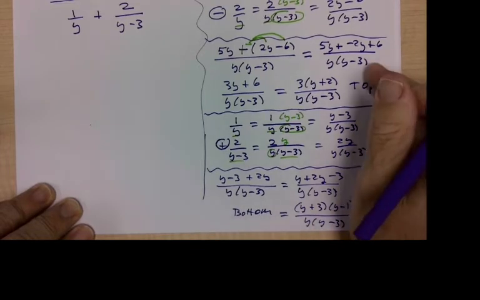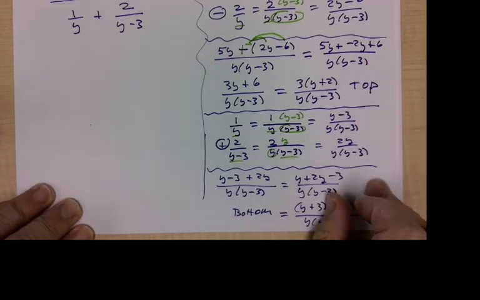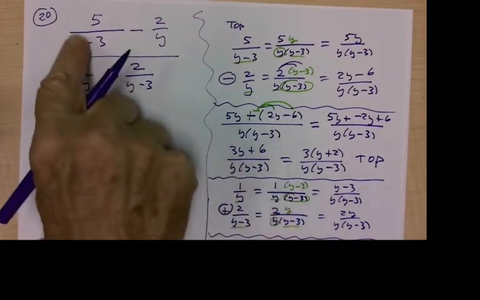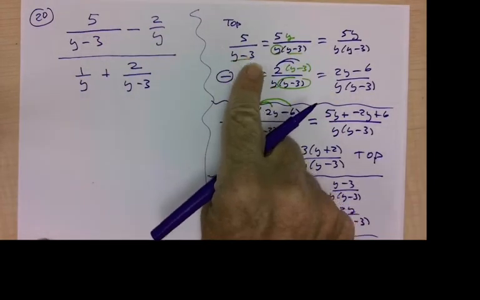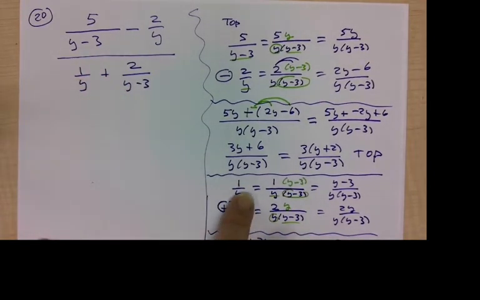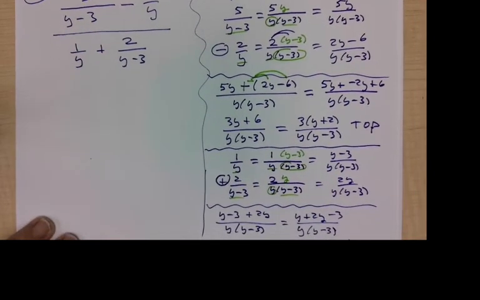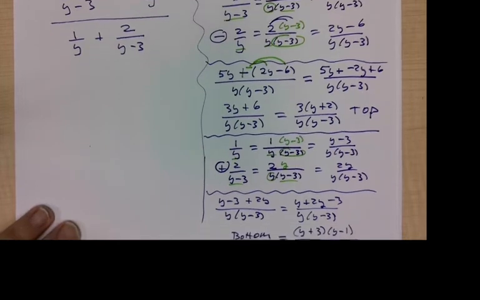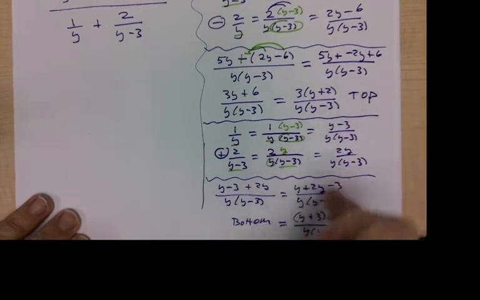So we did the top here, we did the bottom here. They came from this. This piece was the top, 5 over y minus 3 minus 2 over y. This piece, 1 over y plus 2 over y minus 3, was the bottom. And now we have the top part here divided by the bottom.